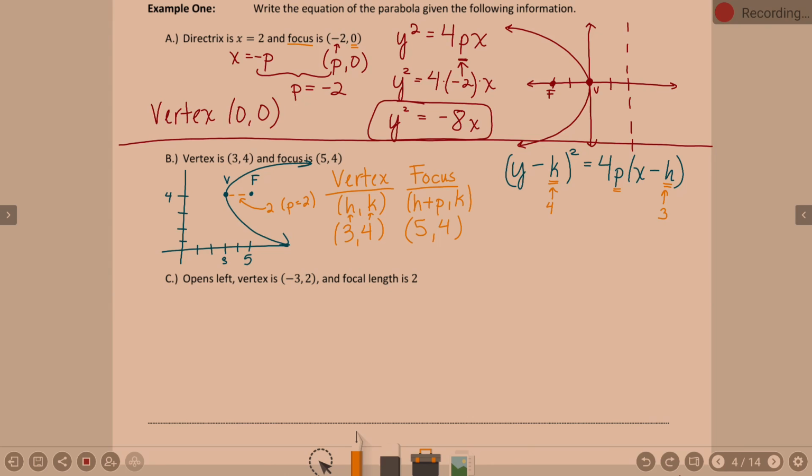Do you see the connection there? We already know k is 4, right? And I know right here that h plus p is equal to 5. But what do we already know about h? h is 3. So then I know that 3 plus p is 5. We'll do the math. If 3 plus p is 5, what's p? p is 2.